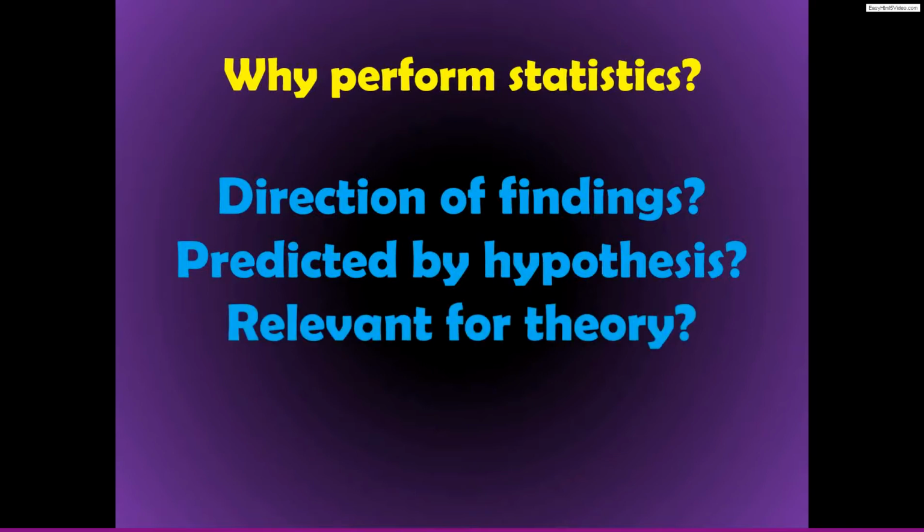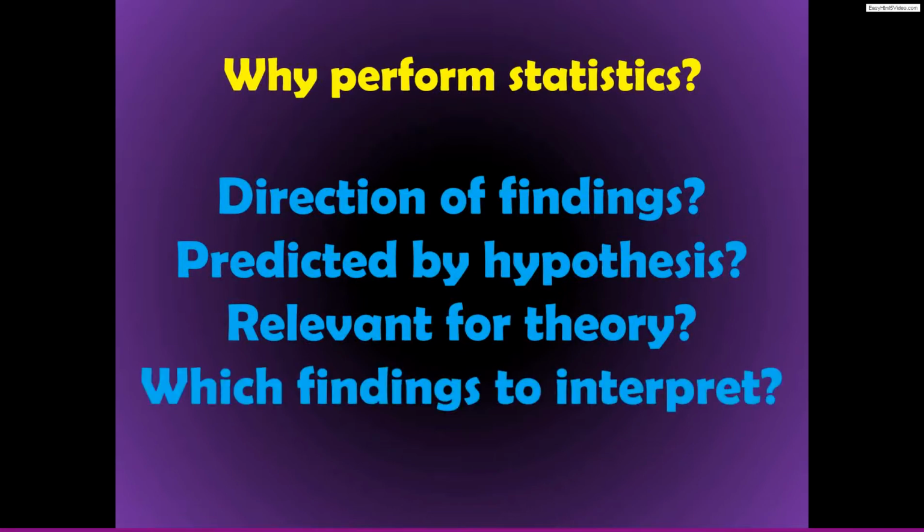Do you need statistics to determine what findings are relevant for a particular theory, or what findings are unpredicted by a theory or orthogonal to a theory? Or do you need statistics to determine which findings you can interpret or not interpret?